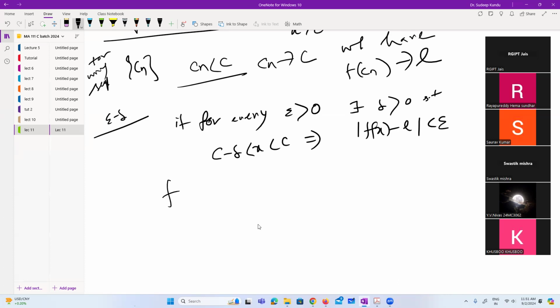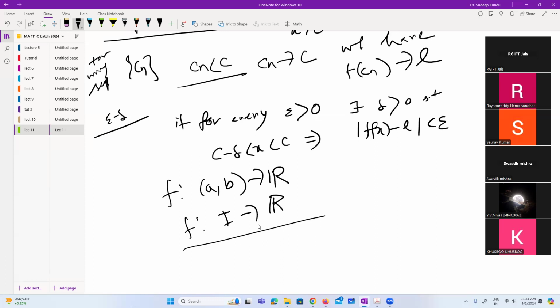Suppose we take some function from the closed interval [a, b] to R, or any interval, a subset of R. This closed interval you already know, right? Do you know what is meant by this?